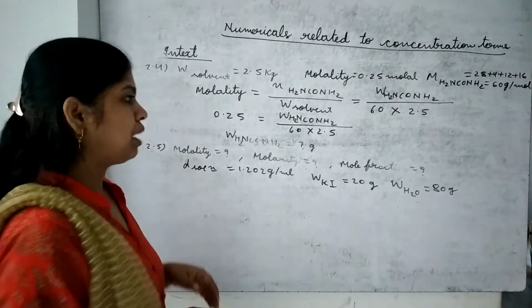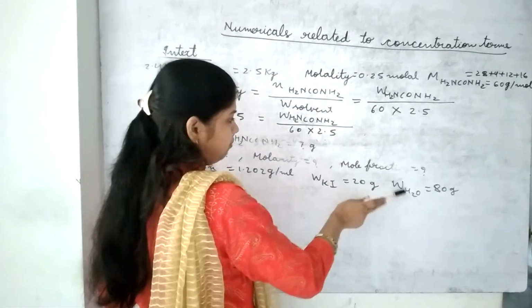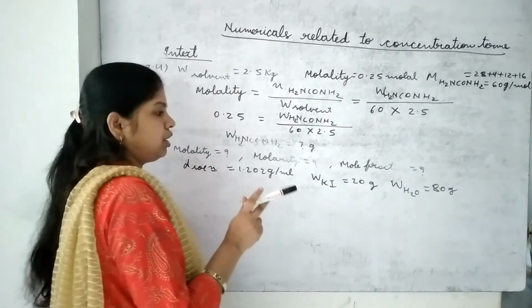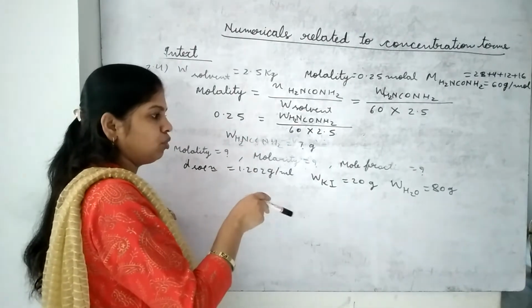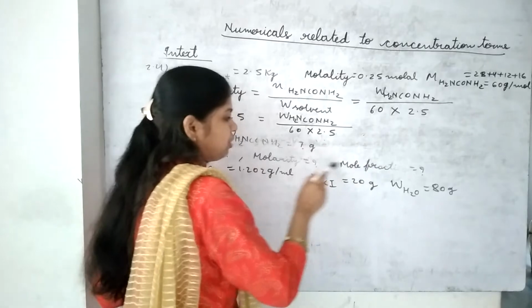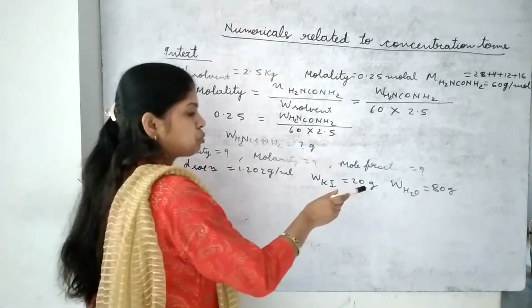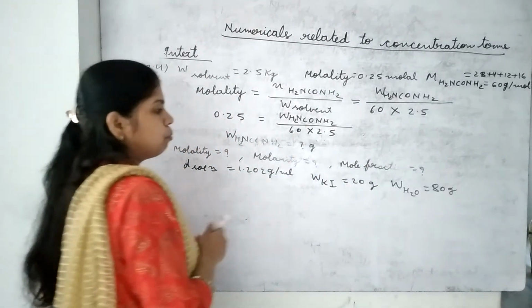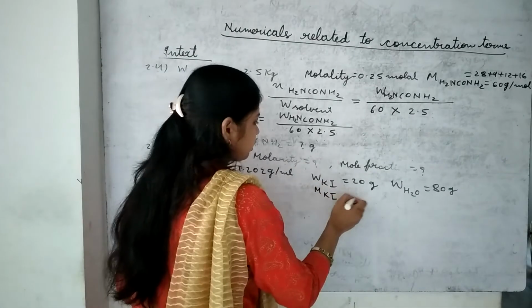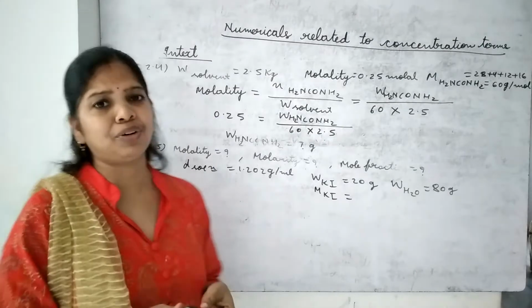So mass of solvent is already given. For number of moles of solute, we require mass given divided by molar mass. So mass given of potassium iodide, which is the solute, is 20 gram. Now we require the molar mass of potassium iodide.